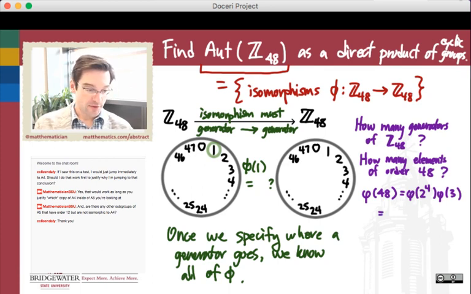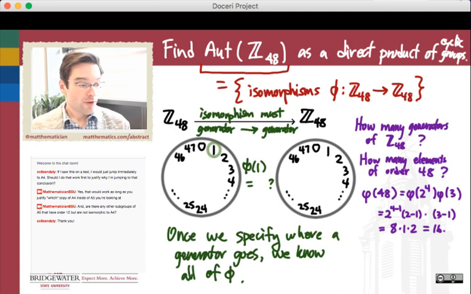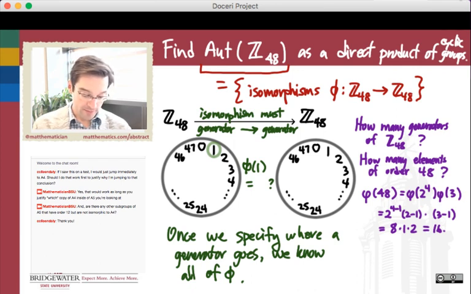The Euler phi function of 2 to the 4th is 2 to the 4 minus 1 times 2 minus 1. So that's the prime power formula. And then phi of 3 is going to be 3 minus 1, because 3 is prime. So if I multiply this out, 2 to the power 4 minus 1, that's 2 cubed, that's 8, multiplied by 2 minus 1, multiplied by 3 minus 1, I get 16. So the first thing that I learn here is that there are 16 possible generators. There are 16 places where I could send the generator 1.